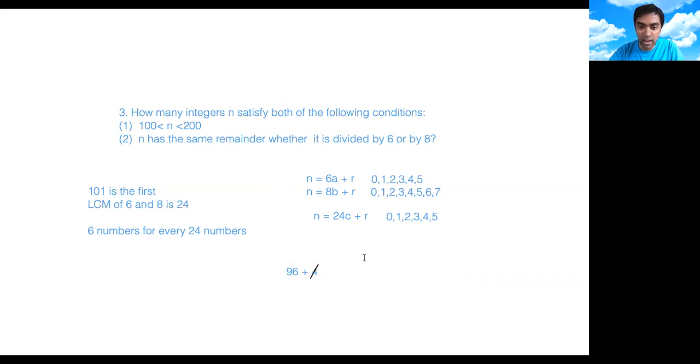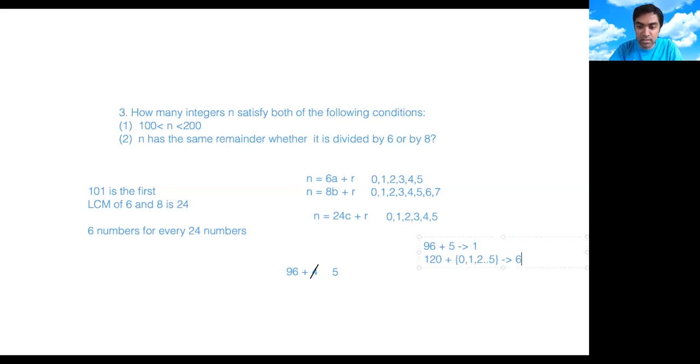And then after that, that's 101. Now, after that, we have to go to the next multiple of 24. So that's 120. Then we can add, so 96 plus 5 is one of them. And then we have 120, plus we can add any of 0, 1, 2 up to 5.